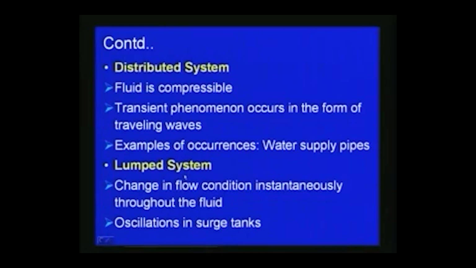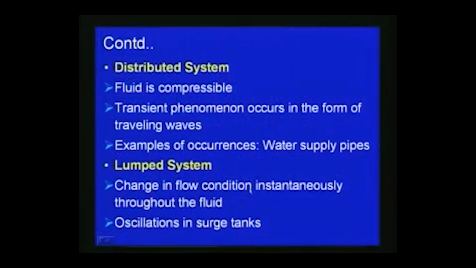As far as a lumped system is considered, there is a change in flow condition instantaneously throughout the fluid. So, there is a sudden change in the mass of fluid, and we look at what happens with respect to that change. An example is oscillations in surge tanks. Now, with respect to these fundamentals which we have discussed so far on the hydraulic transients, we will derive the fundamental governing equations.